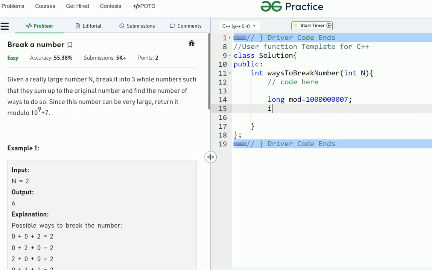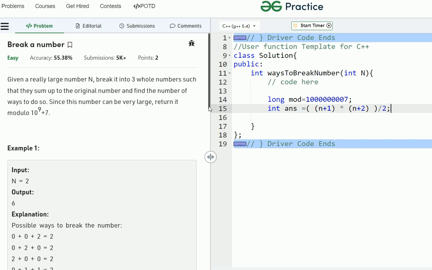So calculate int answer equal to n plus 1 multiply n plus 2, whole divide by 2. Now we need to place the mod value.